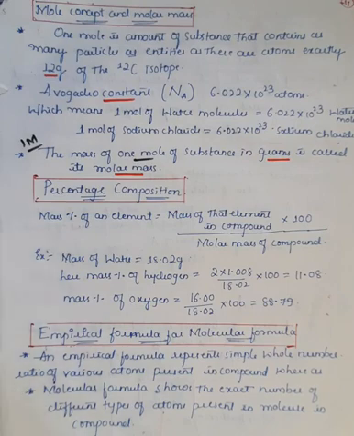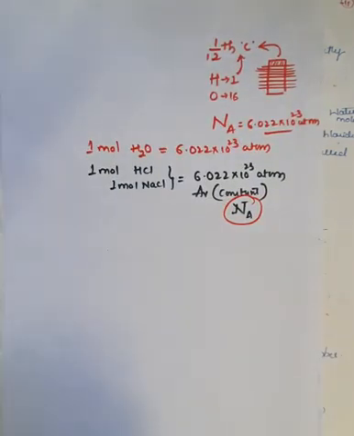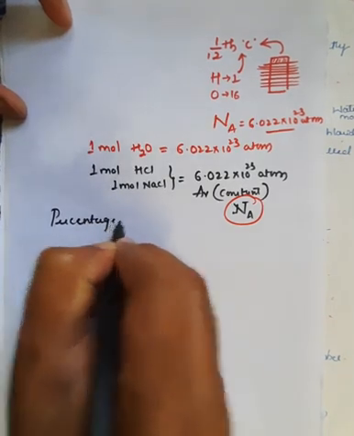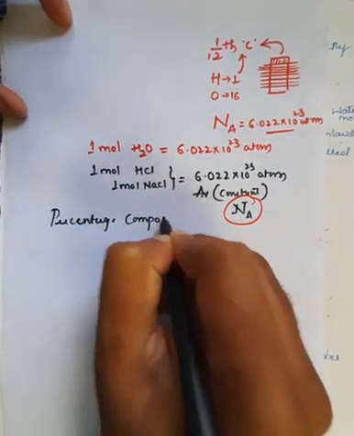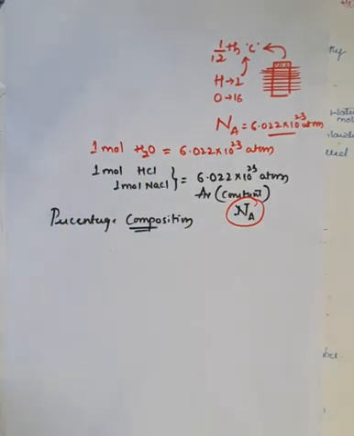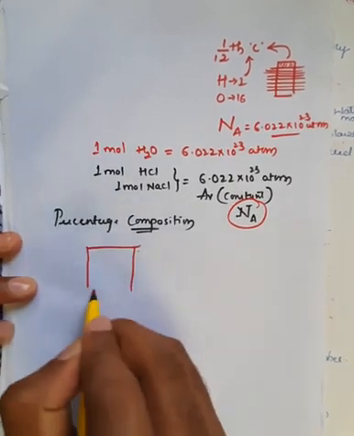And the next important thing is percentage composition. I will explain here what percentage composition is. If you take any substance, for example a square, assume this is a substance.